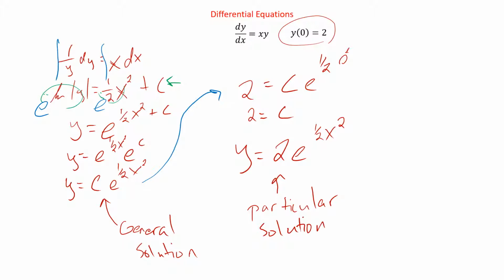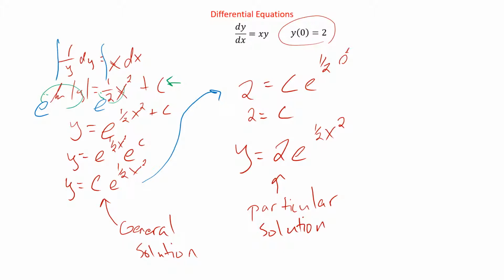Now, this is where if you were working next to a friend, assuming that you have a friend, if they plugged it in earlier where the c was different, they might get a different number for c. They wouldn't get 2. They'd get, in this case, the natural log of 2. So that when they ended up going e to their c, it would still come out as 2 times e to the 1/2 x squared.